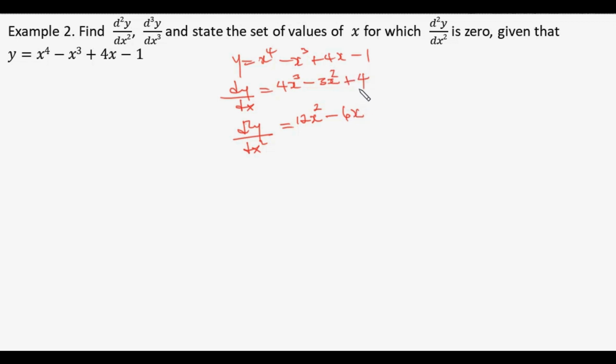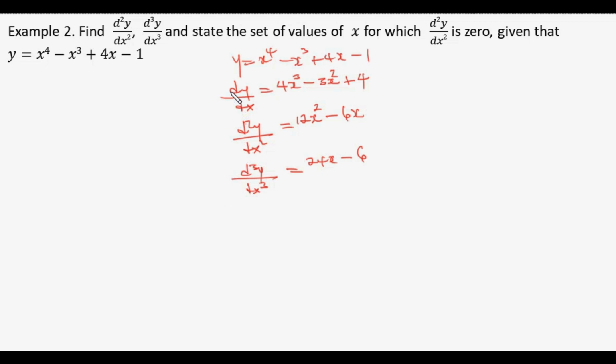Differentiating the constant is 0, so we have our second derivative. So let's get our third derivative. Is equal to, differentiating 12x squared becomes 24x minus 6. So we are done with the second and third derivative.